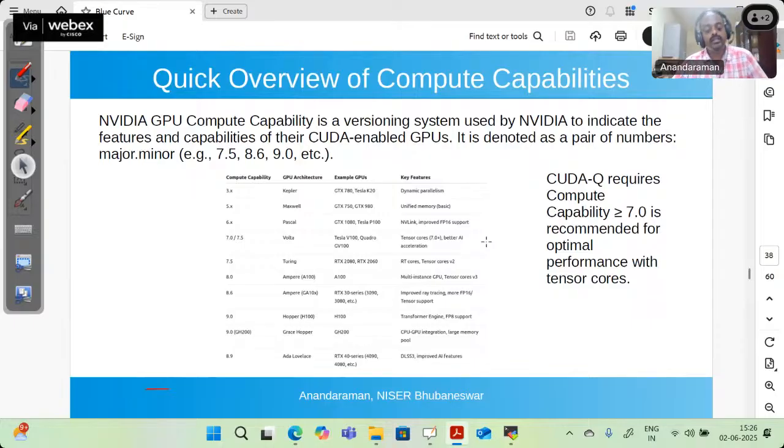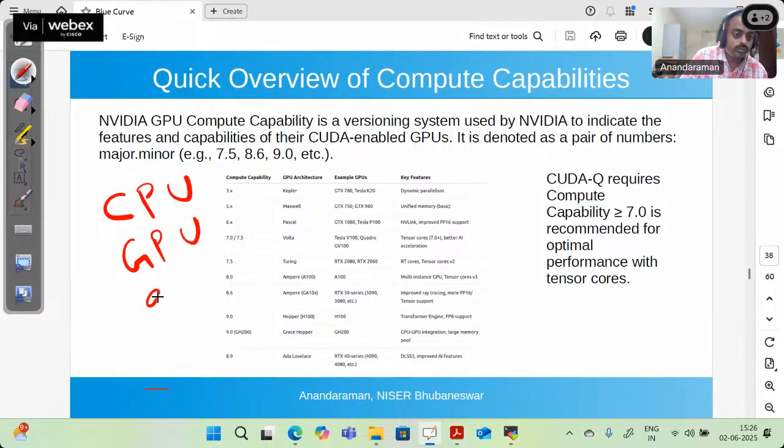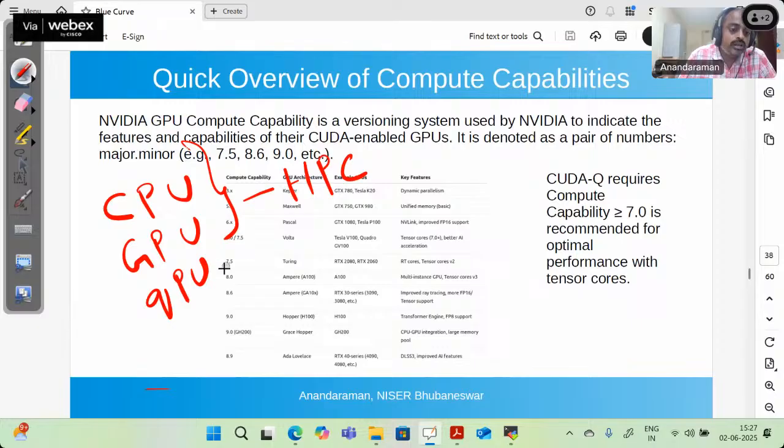So there are CPU, GPU, QPU: central processing unit, graphics processing unit, quantum processing unit. Right now we are using both CPU and GPU in HPC. In future, we will be integrating QPU also in HPC.